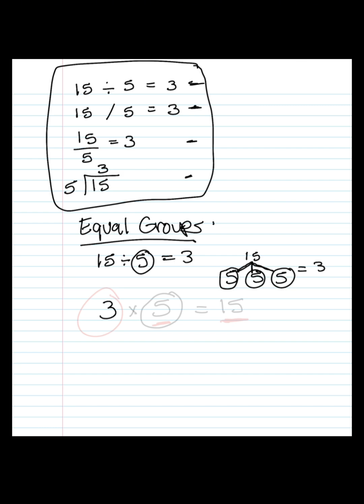So that's your number of groups, times the size of the group, 5, equals 15. So look, we just did the reverse of this, right? We started with 15 divided by 5, and we got 3. So just like subtraction undoes addition, division undoes multiplication.